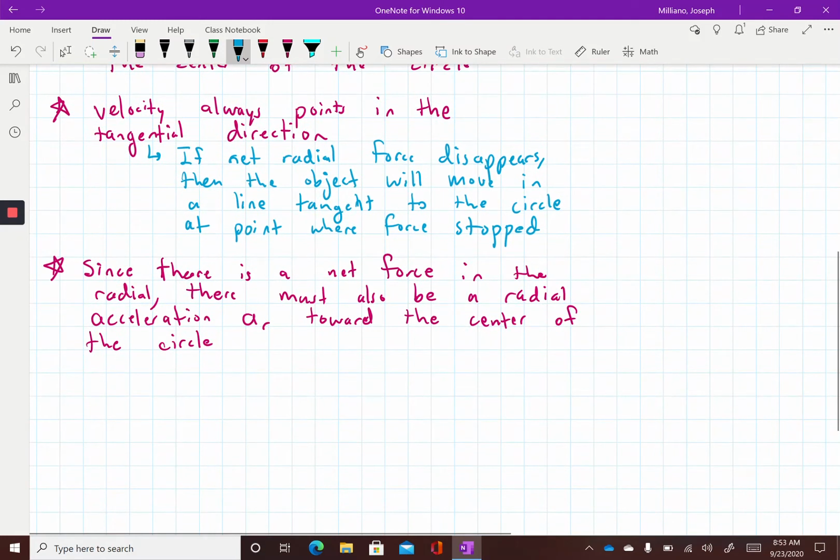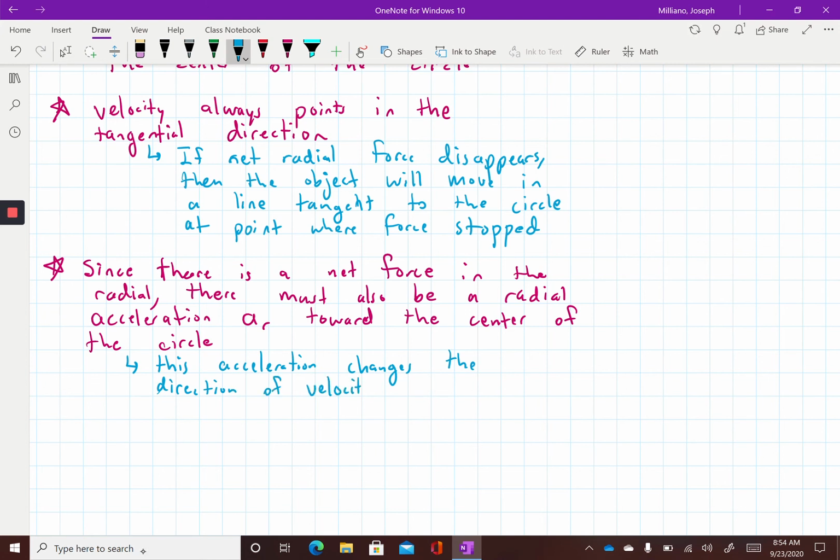Now, this is the type of acceleration that turns an object but does not make it faster or slower. In other words, this acceleration changes the direction of the velocity, but not its magnitude.